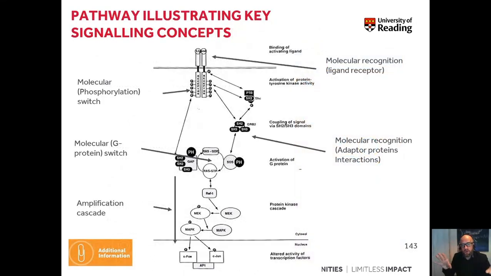So you don't need to memorize this overly complicated signal transduction pathway, but this is just an example illustrating the key signaling concepts. So what you're looking at here is a very, very important signal transduction cascade regulating proliferation of the cells, cell division. So we have the ligands that bind to monomeric receptor.